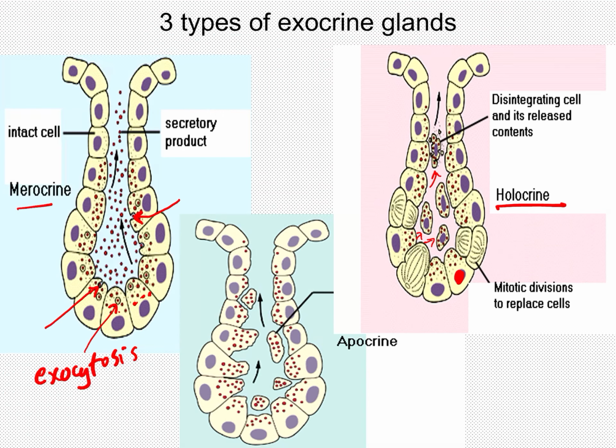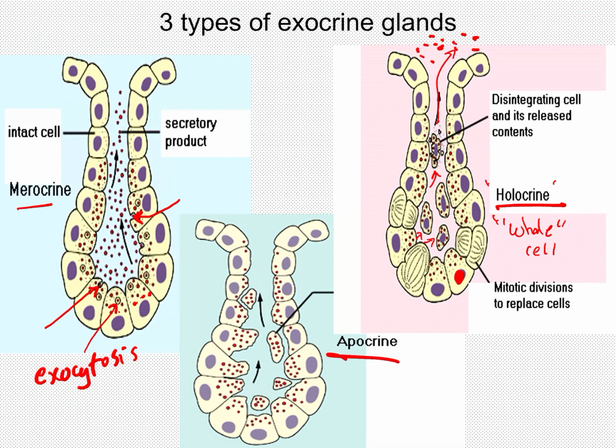The cell eventually disintegrates and releases the contents. And so the contents are released outside, but the cell is lost as well. So I like to think of holocrine as the whole cell, right? The whole cell. So it has the same sound, holocrine, whole.